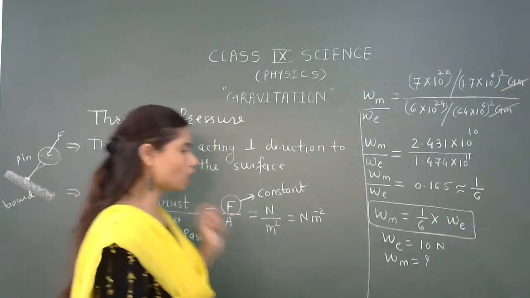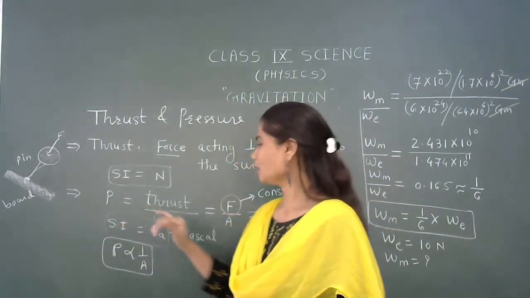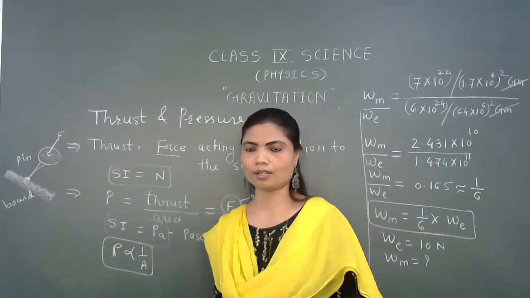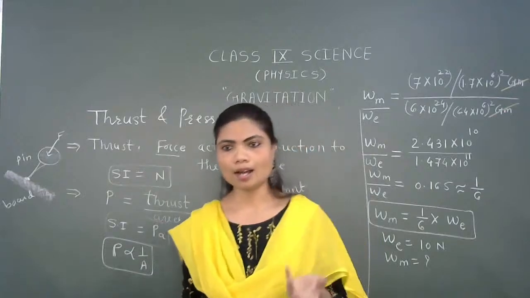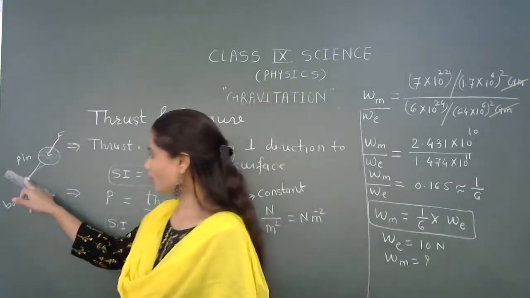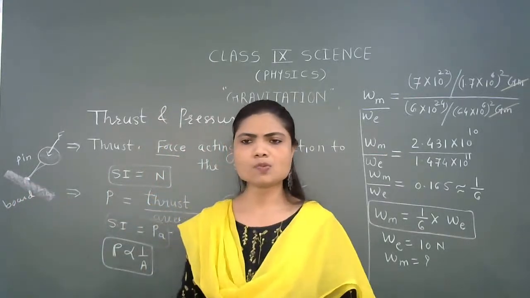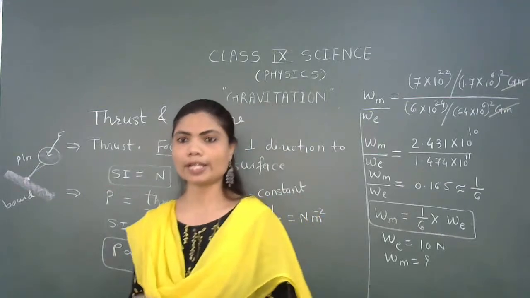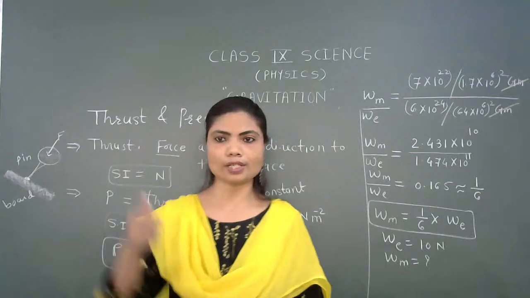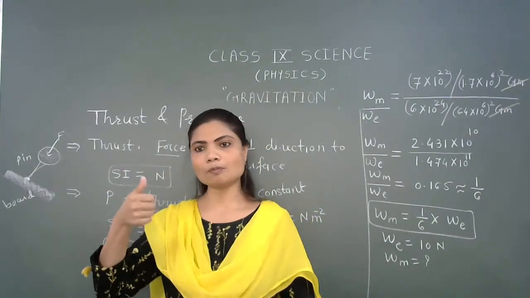Means for having a large pressure, we can reduce the area. And that is what we have done at the tip of the pin. The tip of the pin is very fine, very sharp, which will help convert the applied force into a large pressure, so that it will be inserted in that board easily with a thumb force only.